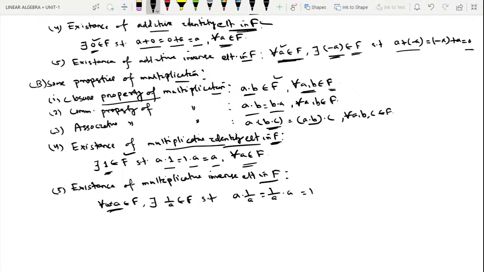So if you take any non-zero element A in F, there exists 1/A in F such that their product is 1. These are all the properties of multiplication.